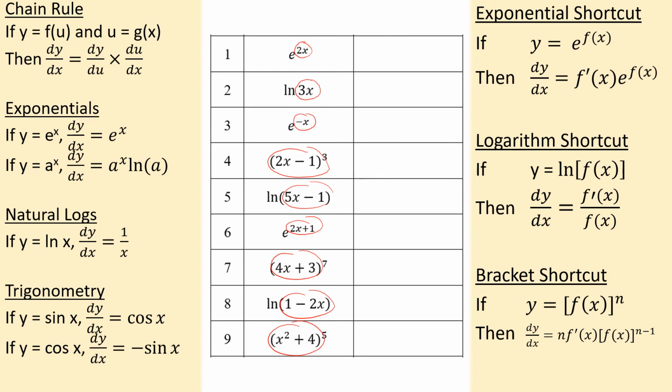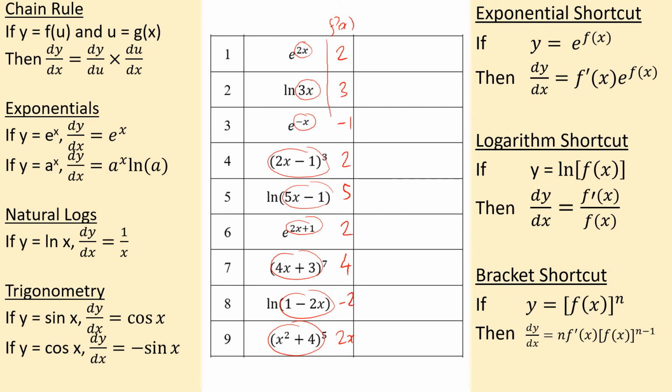These are the things we're going to need to find the f dash x's for. So I can say in this case, well, my f dash x is 2. In fact, let's just make an extra column for these, f dash x. So we've got 2, 3, minus 1, 2 again, 5, 2, 4, minus 2, and 2x.